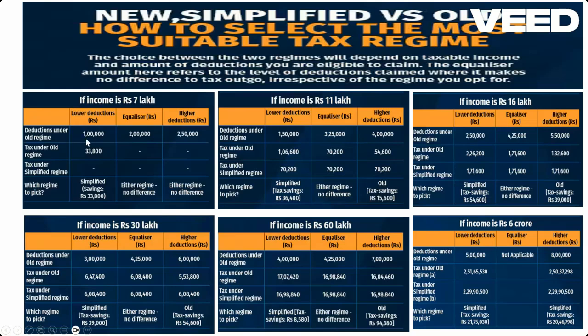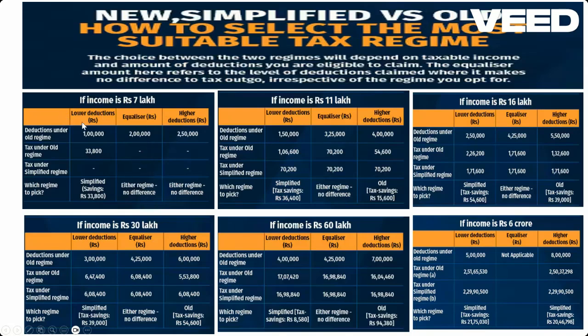Lower deduction is 1 lakh rupees, and under the old regime you can get 33,800 rupees saving. Under the simplified regime, nothing you can save. So here it is not so beneficial. But for the equalizer, if you are showing 2 lakhs deduction, and you select either the old regime or the simplified regime, which is the new tax regime, there is no difference.